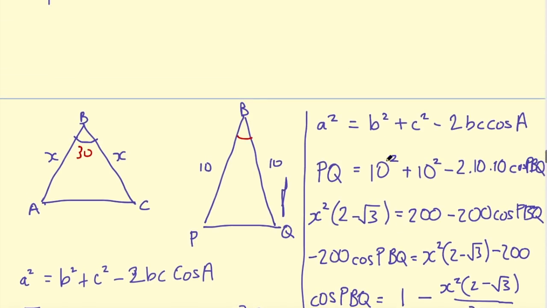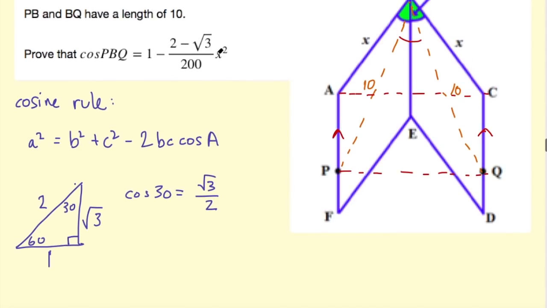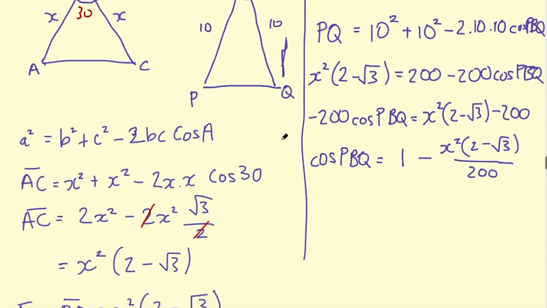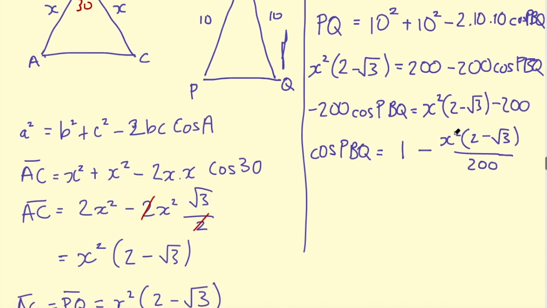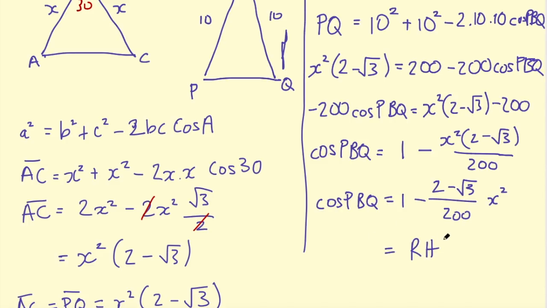And that looks almost exactly the same as the right hand side. I just need to put the x squared at the front there, and I can do that, it's the same thing, still multiplying by x squared. So the cosine of PBQ equals 1 minus 2 minus root 3 over 200 x squared, and that equals the right hand side.